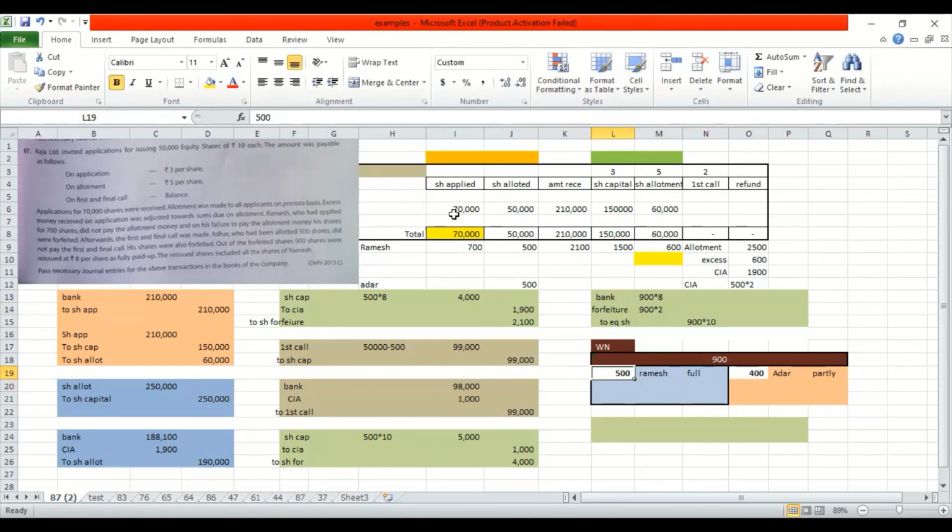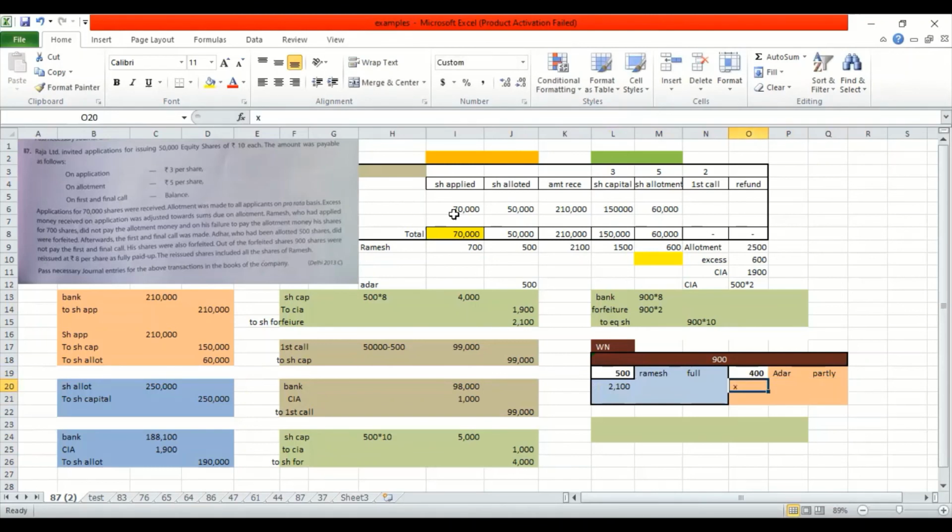For fully reissued 500 shares, what is the capital forfeited amount, Ramesh? So I understand it is 2,100. And for Aadhar, what is the forfeited amount? We have to find it out, because we cannot write the figure 1,800 straight away.